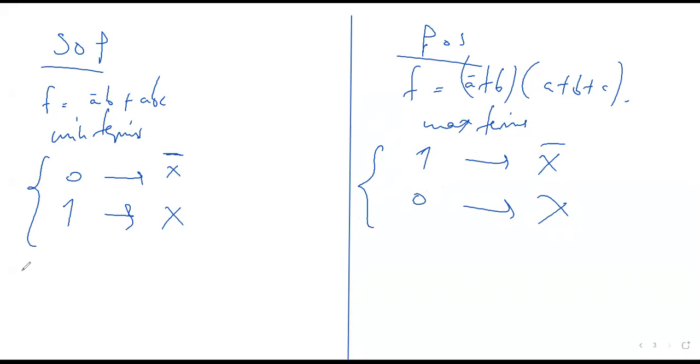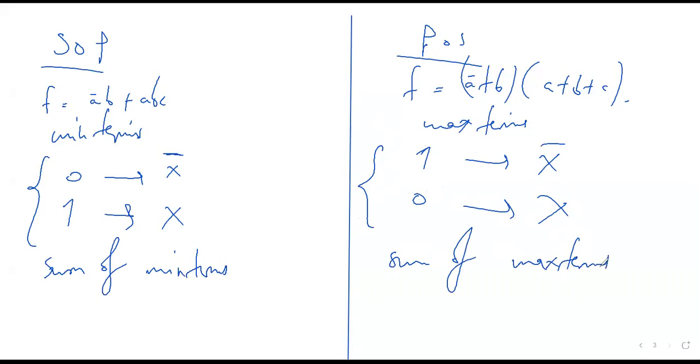So here we have sum of min terms. Here we have product of max terms. So what do these variables represent?